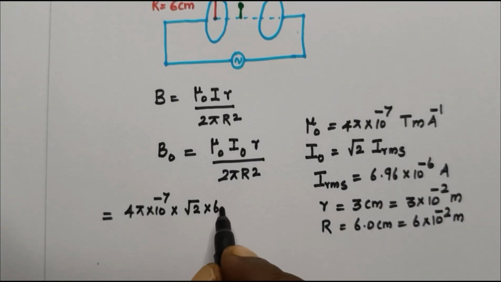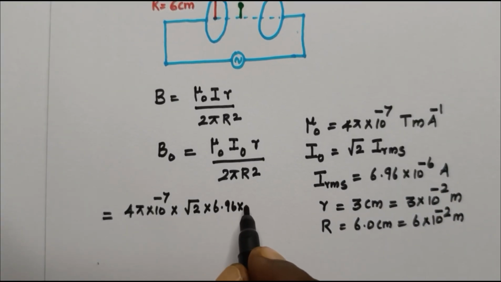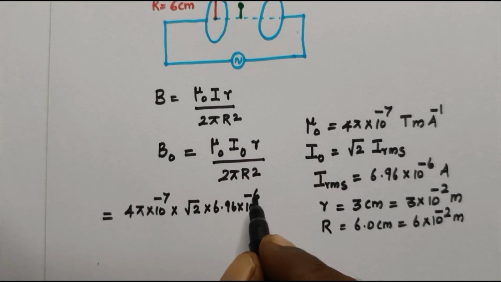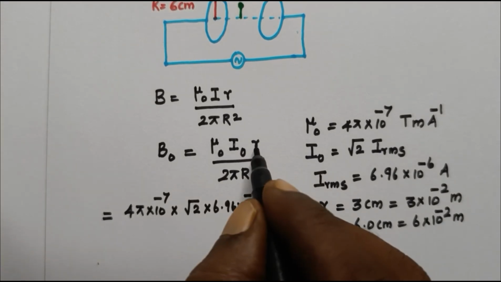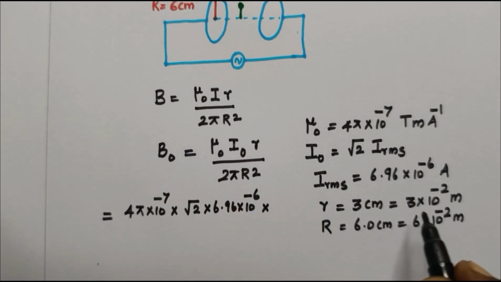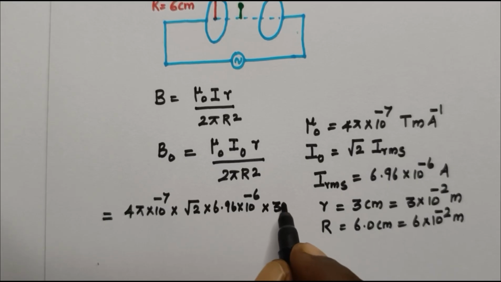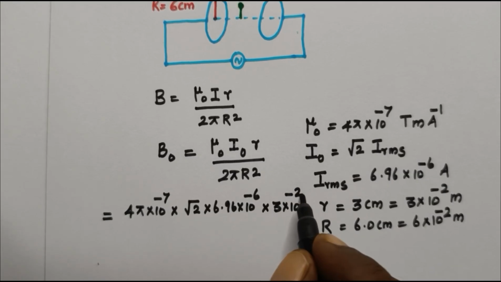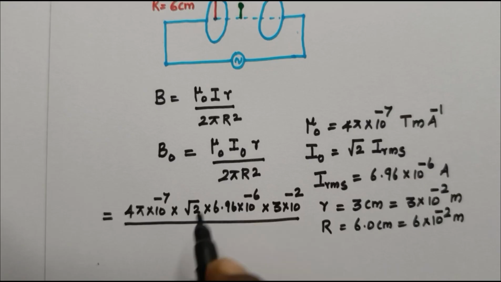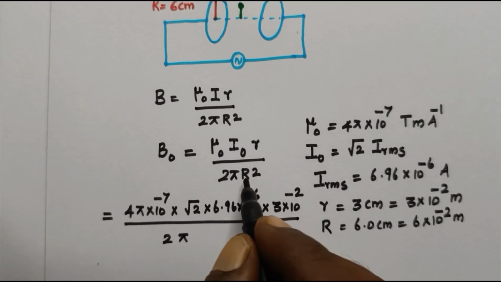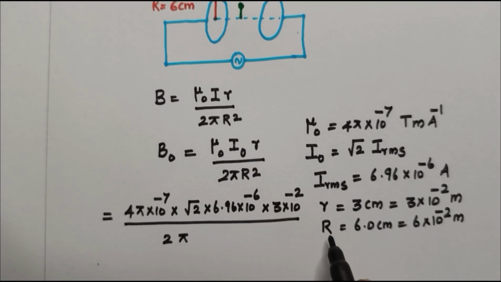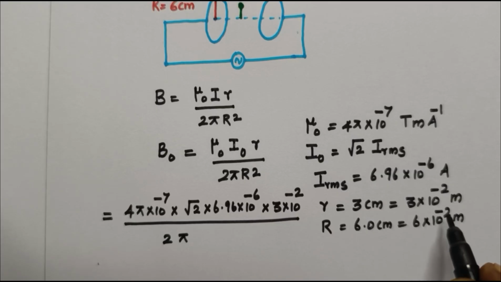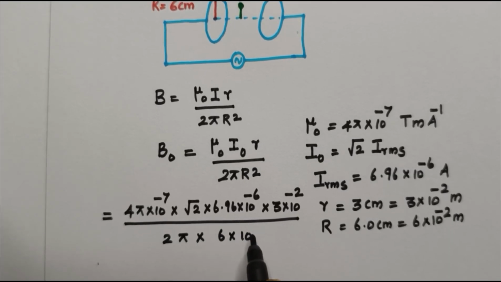IRMS is 6.96 into 10 to the power minus 6 into, what is r? r is the distance of the point, which is 3 into 10 to the power minus 2, whole divided by 2 pi. What is capital R? Capital R is the radius of the circular plate, that is 6 into 10 to the power minus 2 into 6 into 10 to the power minus 2. Here R square is there, therefore we have to square this.